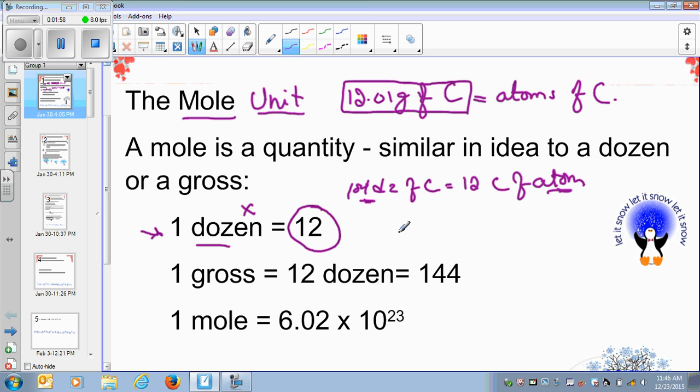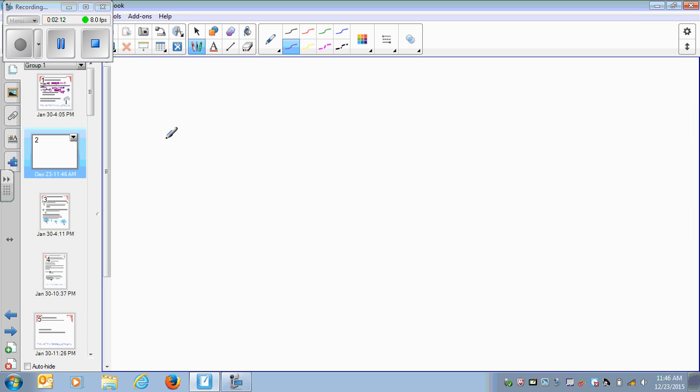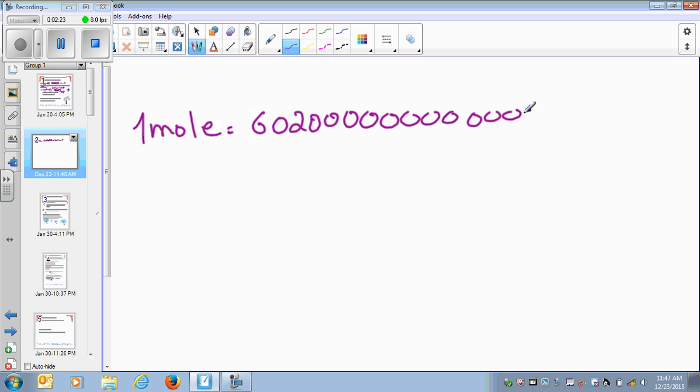So there was a scientist, his name was Avogadro. He introduced another counting unit. And he said, if I have 1 mole, then 1 mole will have this many atoms in it.